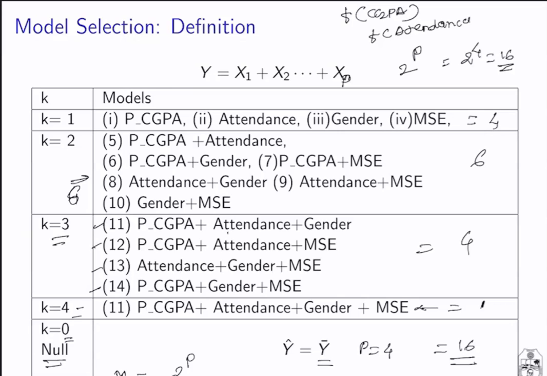And out of this 2 to the power of p, the objective of the model selection step is to select one model which gives the best performance.